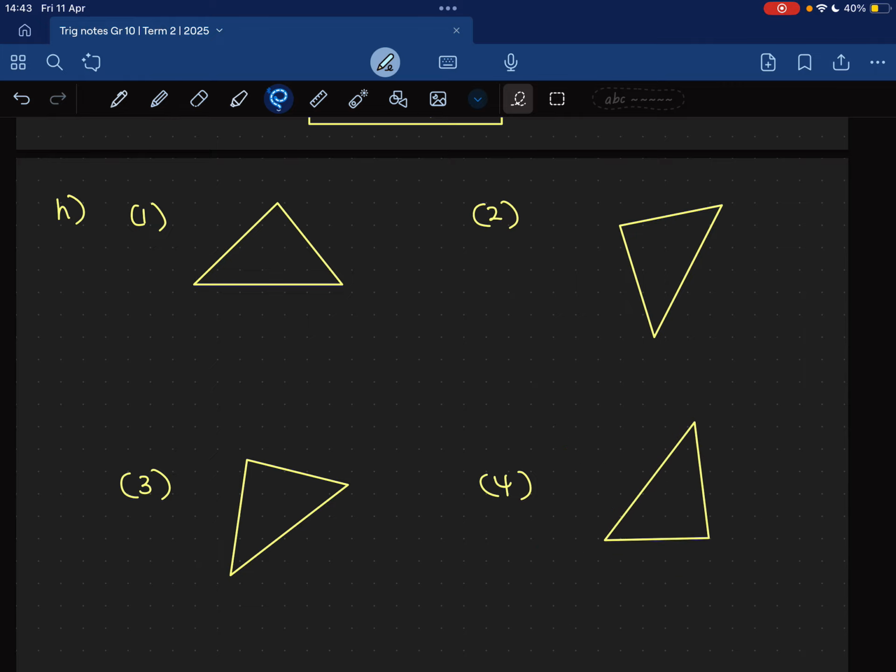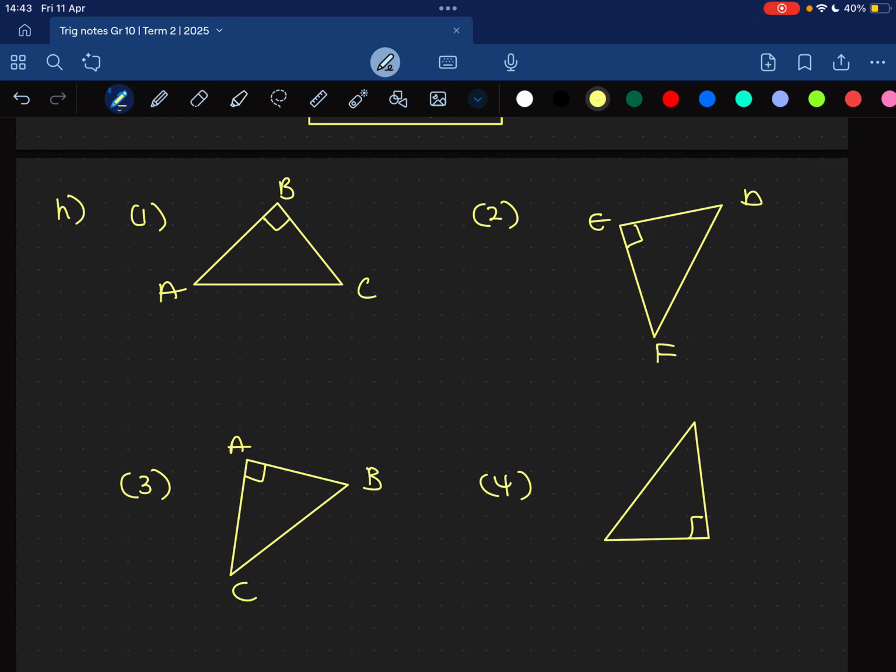Okay, so you have the 90 there, 90 there, there, and there. Then I'll just label your triangles A, B, C, E, D, F, A, B, C, and F, D, G. I'm going to remind you again, please make sure that you draw these diagrams in. There's no point in having the question, having your answers, and there's no diagram.